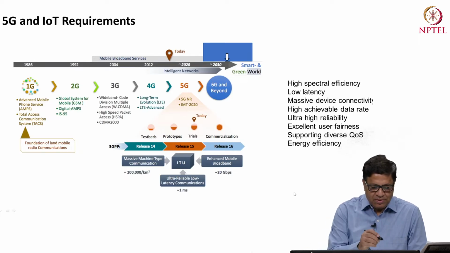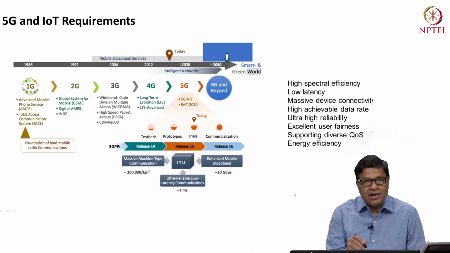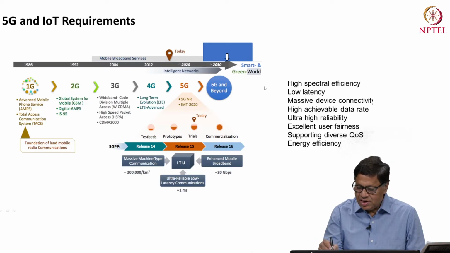As we know, we started with 1G, which was Advanced Mobile Phone Services, then we had 2G, then 3G. 2G was GSM, 3G was WCDMA and high-speed packet access, 4G was LTE, and currently we have 5G systems in place. These 5G systems give you high spectral efficiency, which means you are able to transmit more bits per second in a given bandwidth.